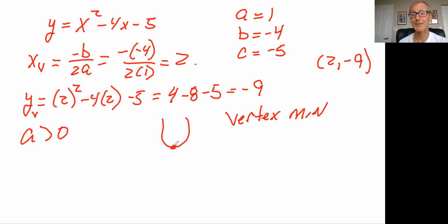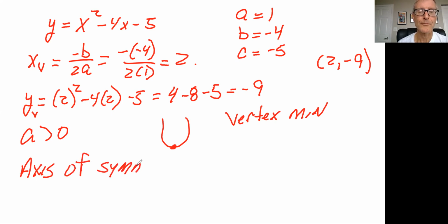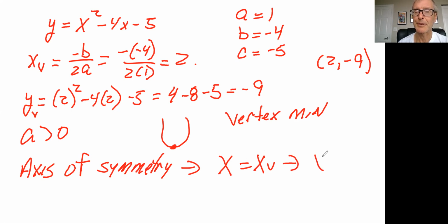So we haven't even sketched anything, and we know that the vertex is a min. What's the axis of symmetry? Well, that would be x equals the x value of the vertex, and so that would be x equals 2.